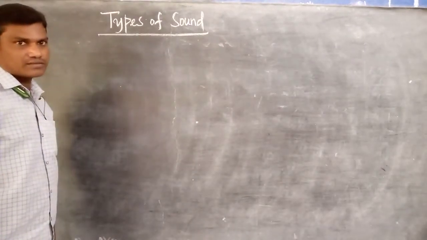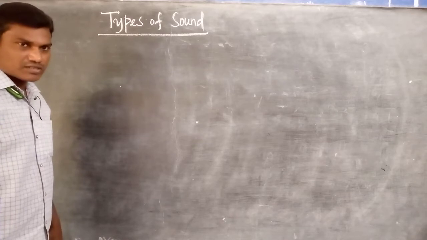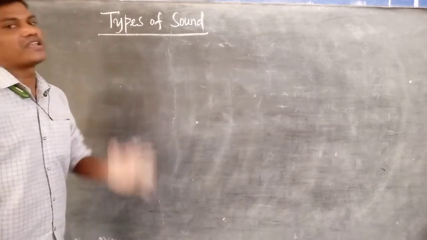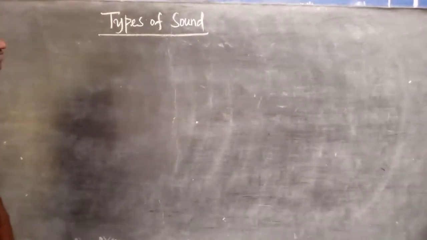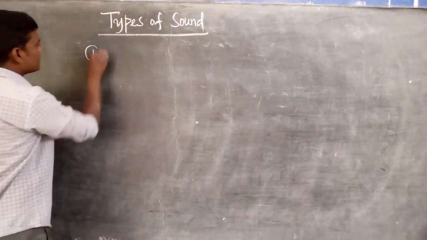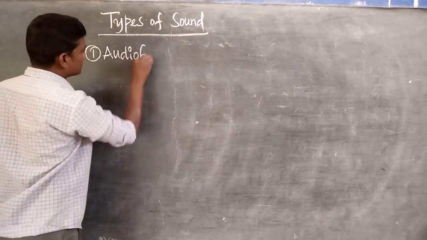Based on the receiving of sounds by the human ear, sounds are classified into three types. First one is audible sound.